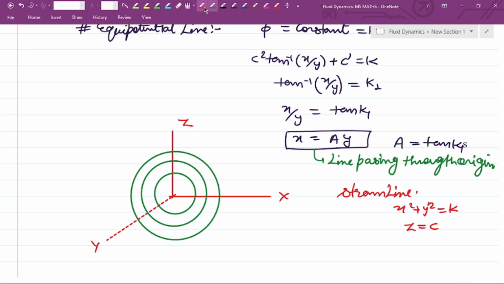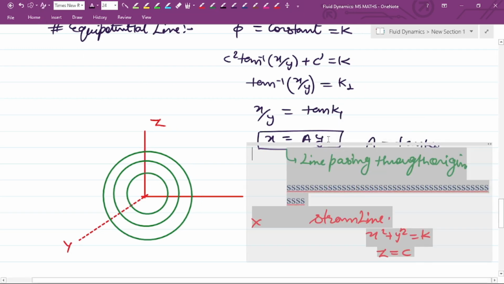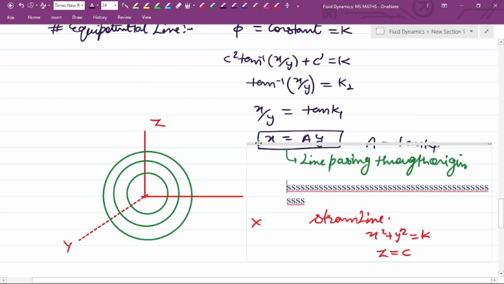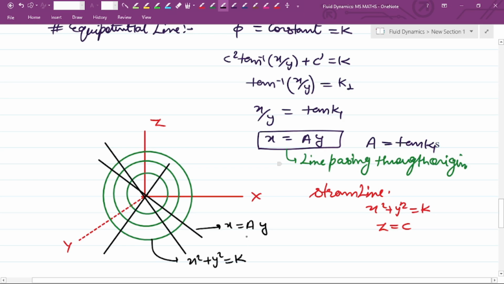So these are all lines passing through the origin, representing x equals some a into y, and the circles represent x square plus y square equals k. So this is the geometrical meaning.